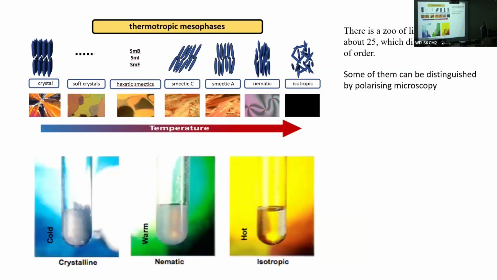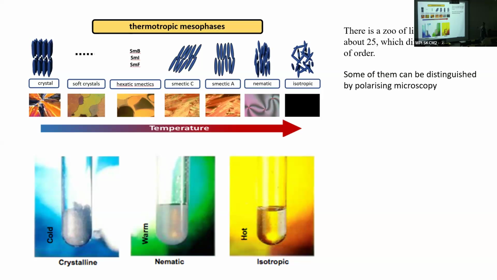Now, I said there's two different types, thermotropic and lyotropic liquid crystals. The thermotropic ones are the ones that come by changing the temperature. So we start out with a crystal, we increase the temperature, and we can then go into things that are soft crystal phases.